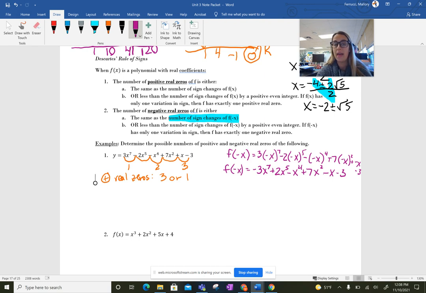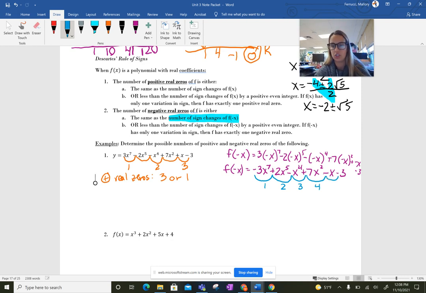So at this point, we want to see how many sign changes there are. So that first one, negative 3 to a positive 2, there's 1 sign change. Positive to a negative, there's the second one. Negative to a positive, that's a third one. Positive to a negative, that's a fourth one.